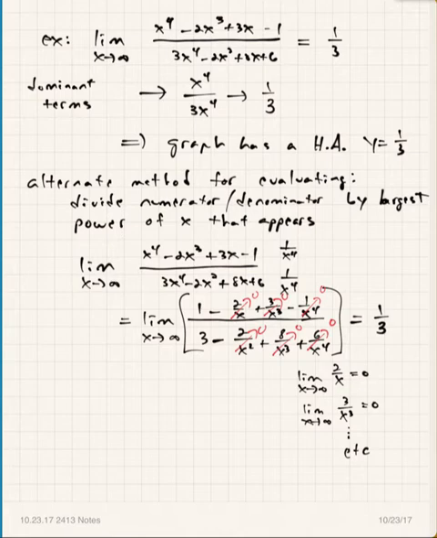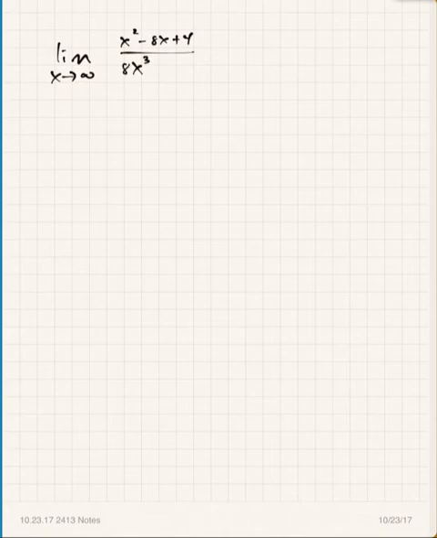All right, so let's look at another example, and let's go back to the dominant term method. If we have the limit as x goes to infinity of x squared minus 8x plus 4 over 8x cubed minus 27, what are the dominant terms?